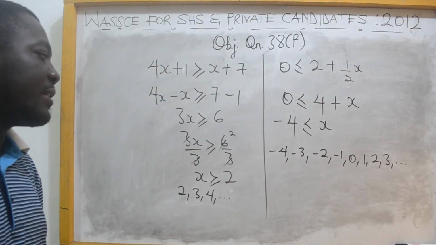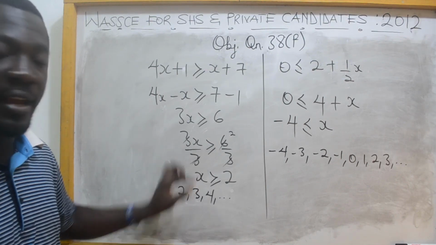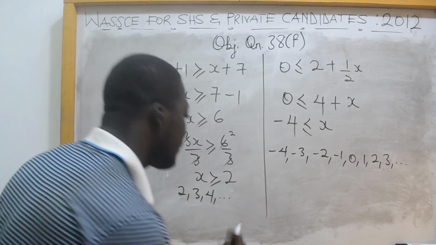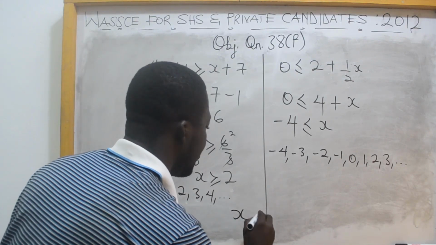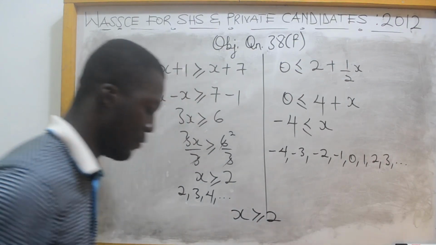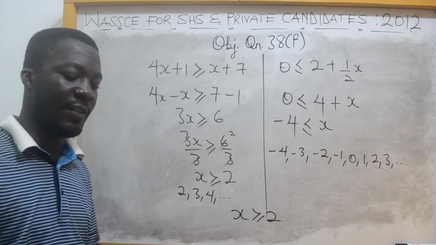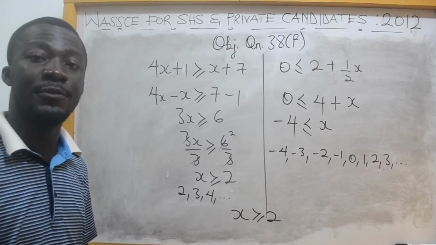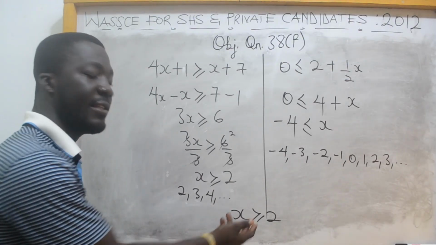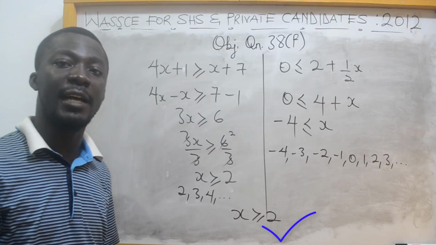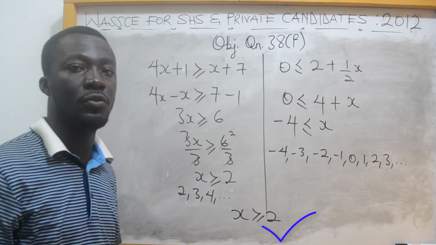It can be represented by the same inequality, which is x is greater or equal to 2. So if you are asked to find the values of x which satisfy the inequalities, it is represented by this inequality. x is greater or equal to 2.